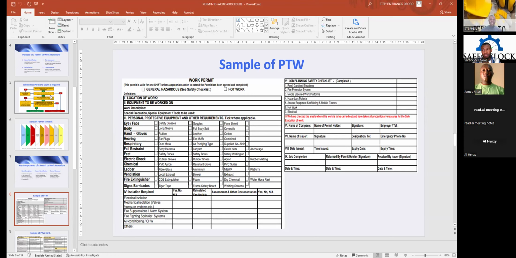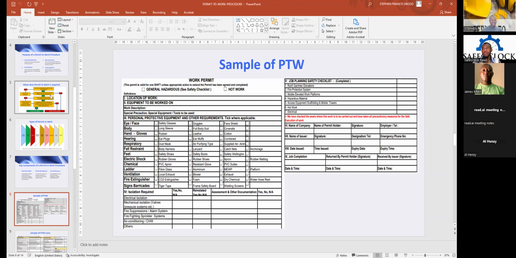And don't forget, a lot of control measures have been put in place before, because you don't just use a permit to work system like that. You must have conducted your method statement, drafted your risk assessment, and applied all control measures.